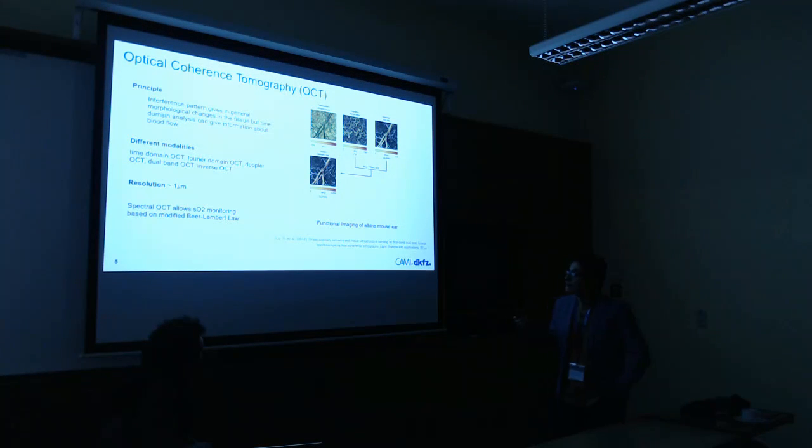But not all of these techniques can give you this information, just the time domain techniques, because these have been widely studied. There are, for example, Fourier domain applications for OCT, Doppler, and others. One of the key characteristics of this technique is that it can give you a very nice resolution, about 1 micrometer, which is what most of these techniques are lacking.